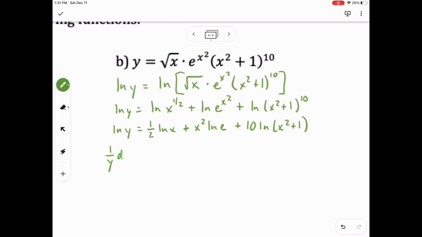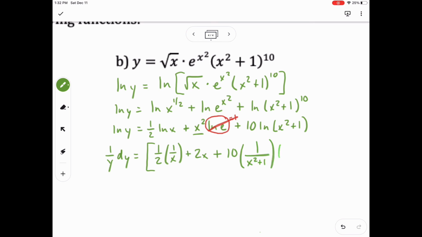And then from here, I want to take the derivative of each of these. Now, because most of them are multiplied by a constant, I don't have to do any product rule. Now the middle one, ln of e, is actually 1, so I can ignore the ln and just take the derivative of x squared, which is 2x, which is very nice.